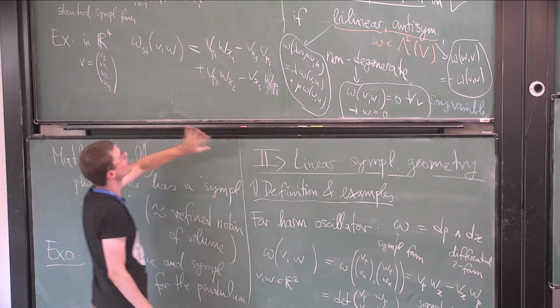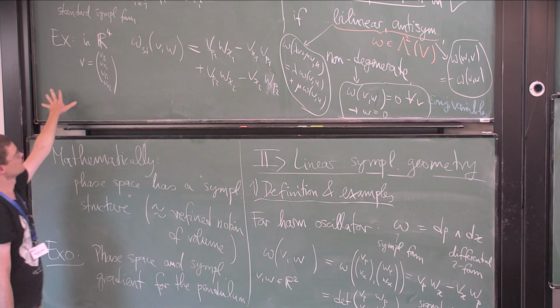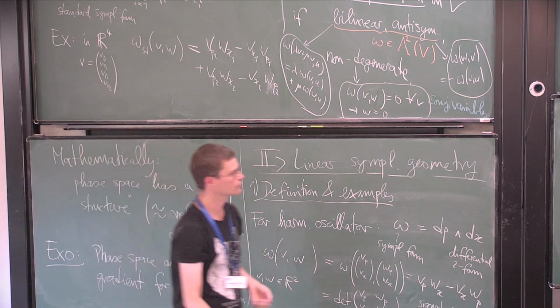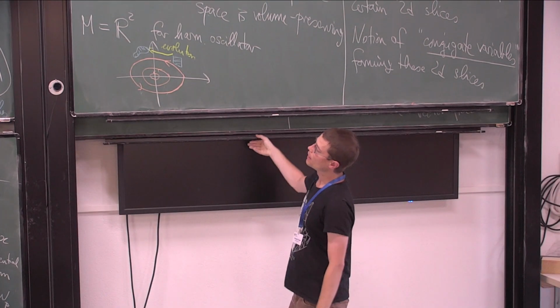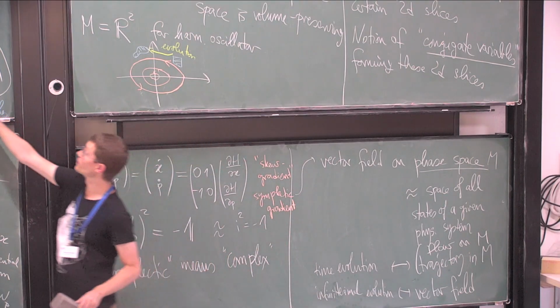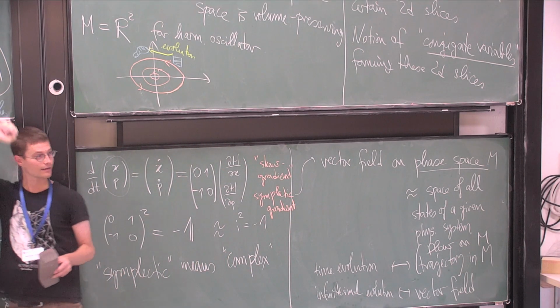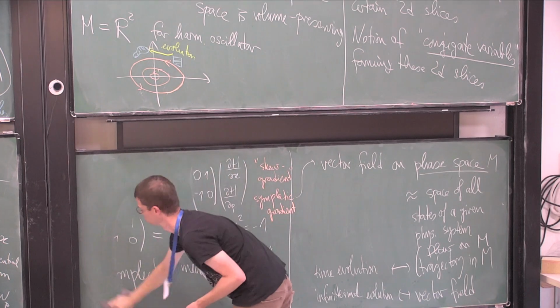So this is kind of an abstract definition. You should really bear in mind these examples. One remark: this definition resembles another definition, an object which is bilinear, non-degenerate, but symmetric, which is a metric.